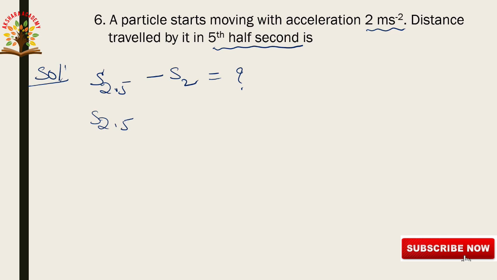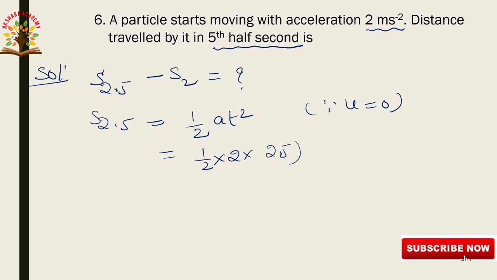For the fifth half second, that is 5 by 2, nothing but 2.5, s is equal to ut plus half a t square. Since u is equal to 0, ut is 0, so that is equal to half a t square. Half into the acceleration they gave, 2, into t square, t being 2.5, whole square.